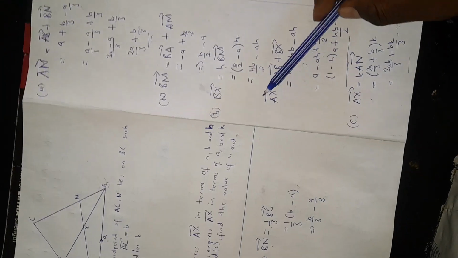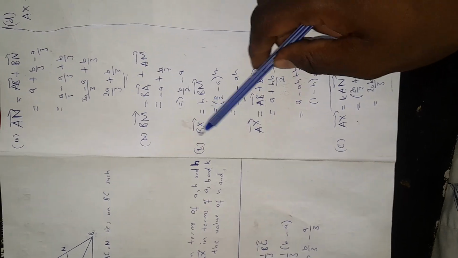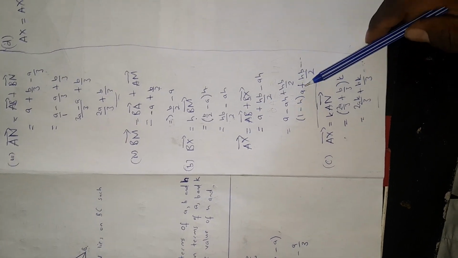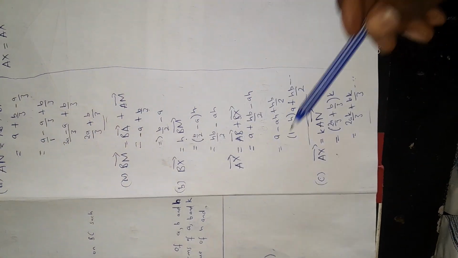Like here, AX equals AX. Remember, this BX was not our question. Our question here was to express AX in terms of A, B, and H. So I use this AX and another AX. So AX equals AX.